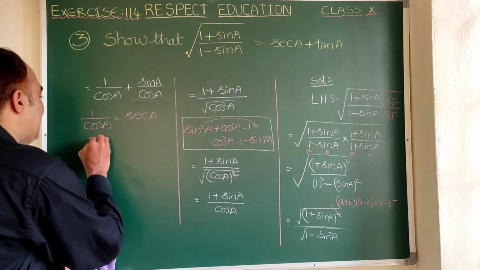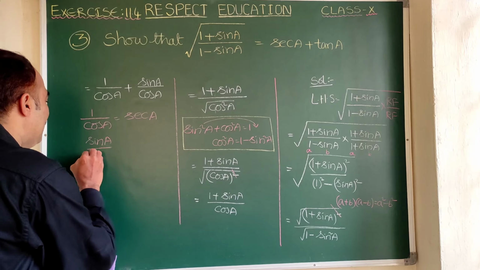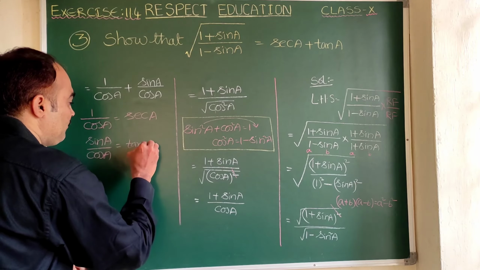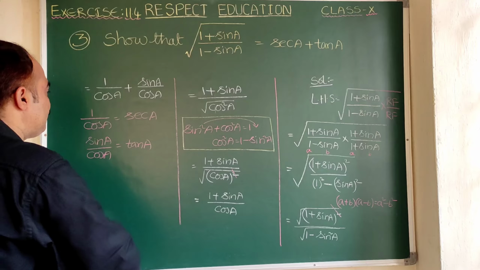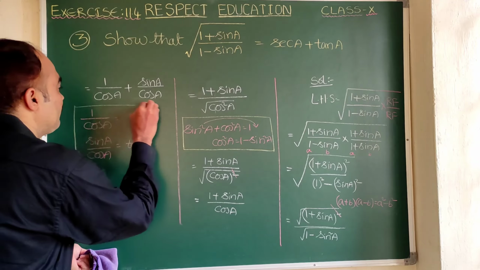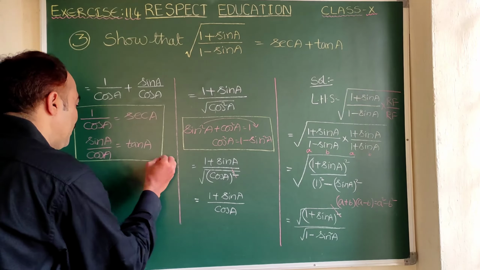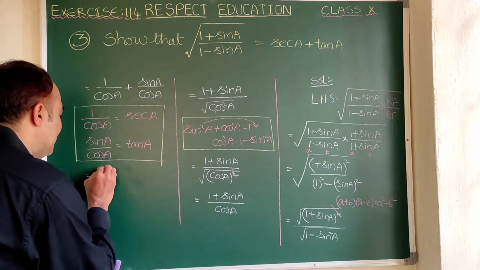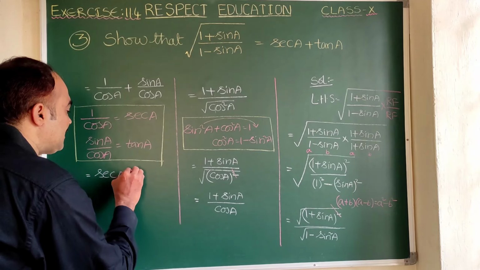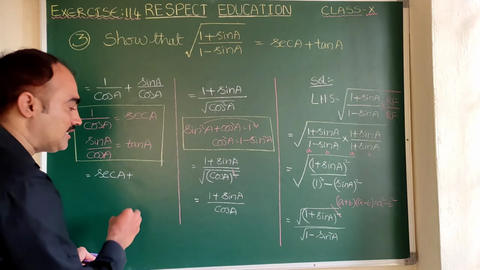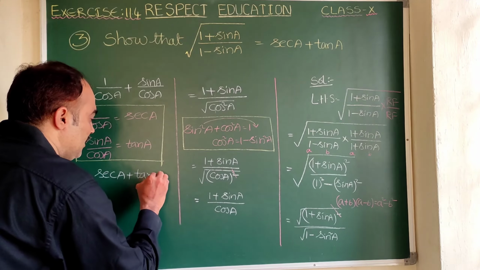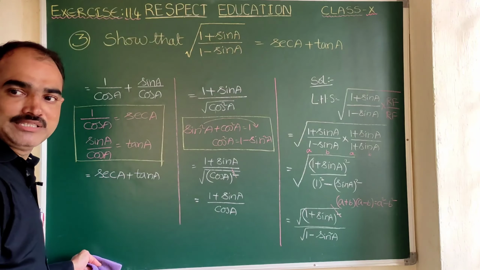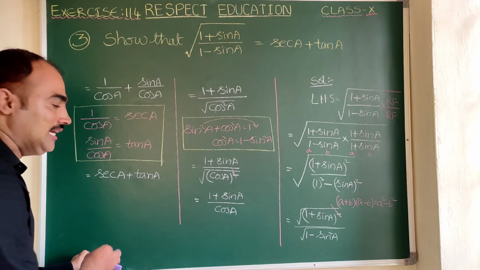And sin A by cos A can be written as tan A. Based on these formulas, 1 by cos A is secant A, and sin A by cos A is tan A. You observe now what is to be proved? Same. Secant A plus tan A. Here what we got? Secant A plus tan A.